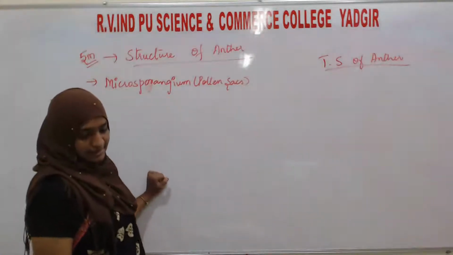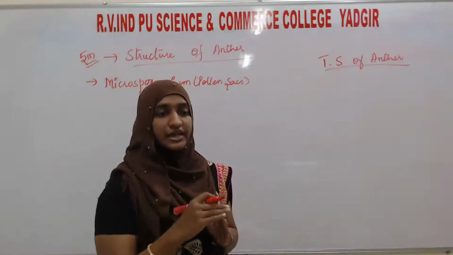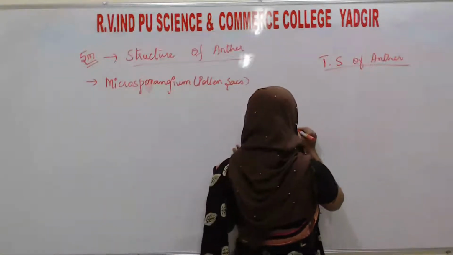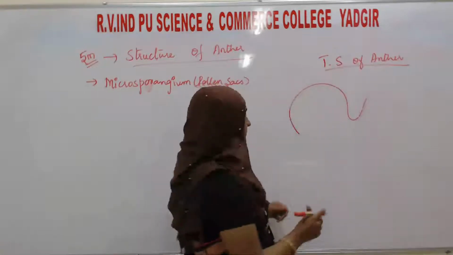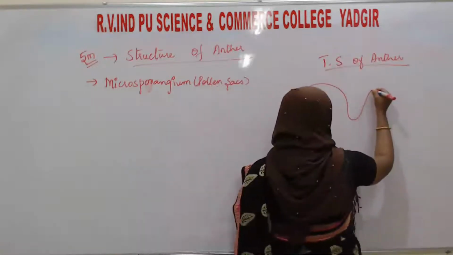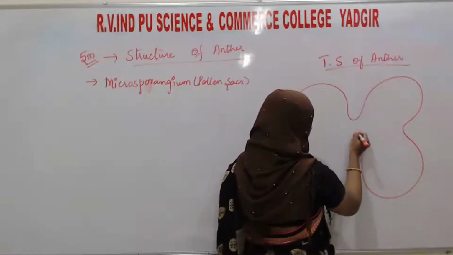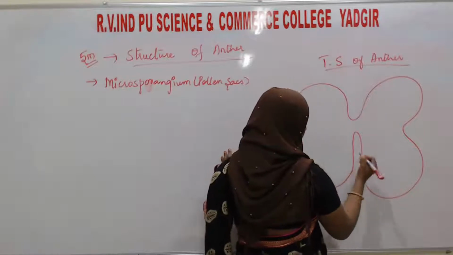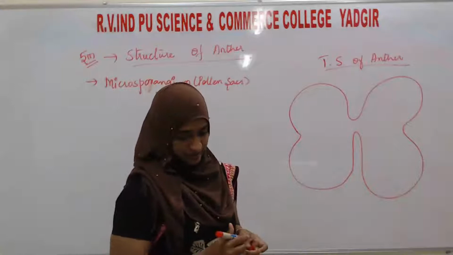Whatever the anther, if you take a transverse section, the outline will be somewhat circular in shape. This is the transverse section of anther.